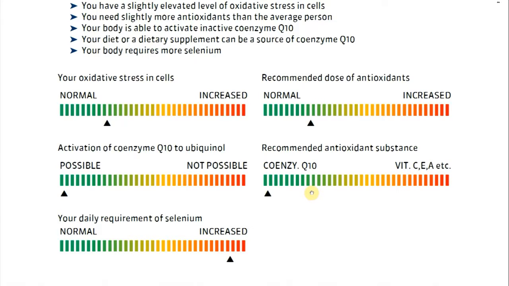Then the recommended dose of antioxidants. I said these free radicals do their damage until an antioxidant, a radical inhibitor, comes along and grabs onto it and neutralizes it. Now, these antioxidants, free radical inhibitors, are vitamin C, vitamin E, vitamin A, alpha-lipoic acid, and some other substances.